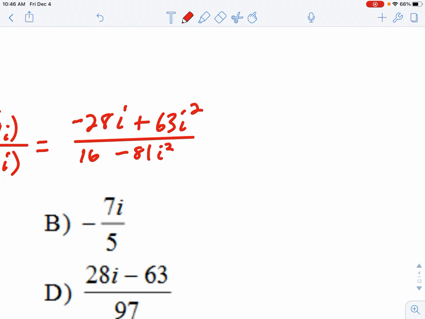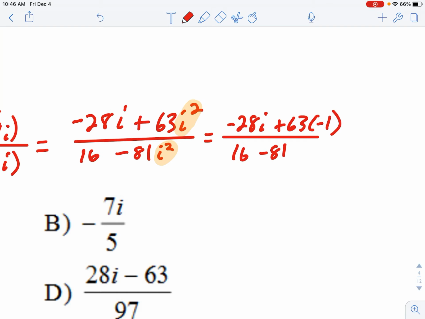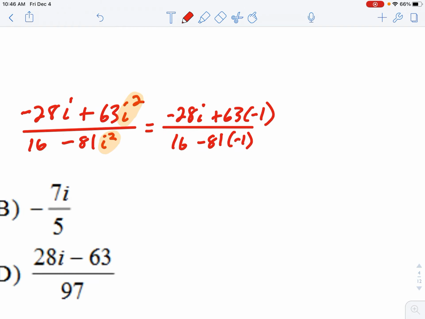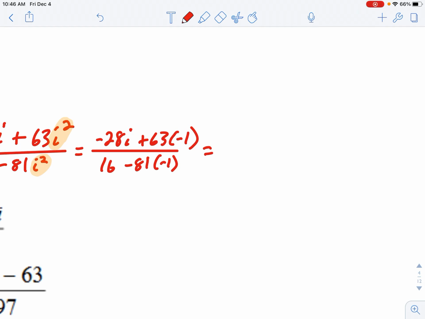Now, as I've said a few times, well, I guess in the last video, if you ever have i squared, you must make it negative 1. So this is negative 28i plus 63 times negative 1 over 16 minus 81 times negative 1. So that becomes negative 28i minus 63, right?